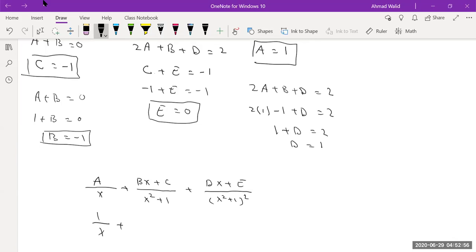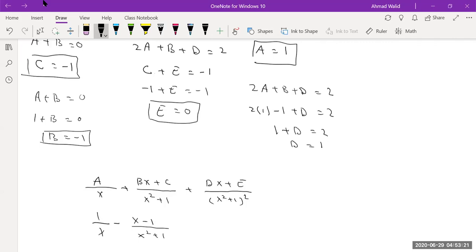How much is B? -1. Even you can change now the sign from plus to minus, right? Minus X plus C. How much is C? Your C is -1. It means X minus 1 over X squared plus 1 plus DX.